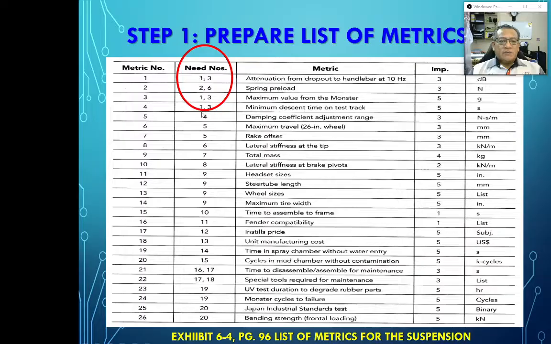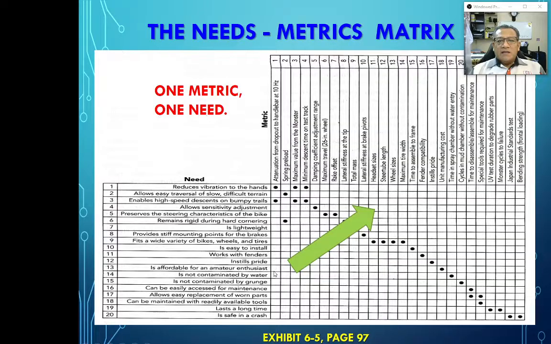Your needs are from 1 to 20, but your metrics for designing this S-Works bicycle are from 1 to 26. Okay, now you have plotted all the needs, 20 needs, respectively to the metrics, which is 26 metrics. All are plotted.